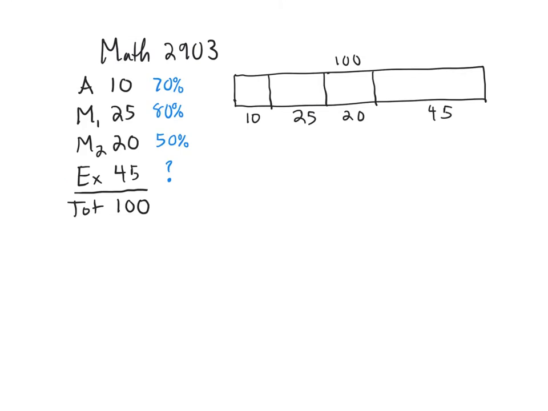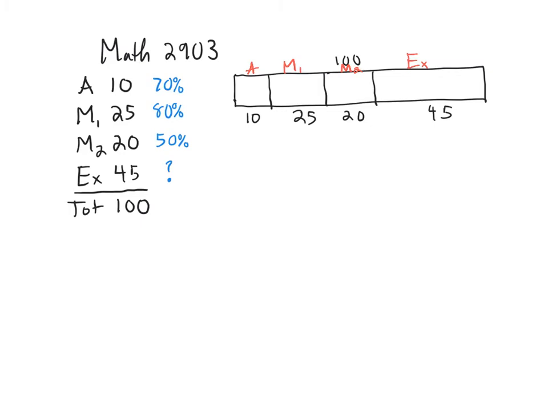And you can look at that as the following bar. So we have this bar of length 100, so that's kind of our whole, and it's broken into 4 chunks. The assignment chunk, let me just mark these in, the assignment chunk, the midterm 1 chunk, the midterm 2 chunk, and the final exam chunk. Okay. So let's look at the following.